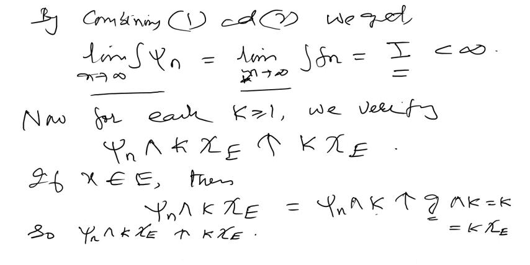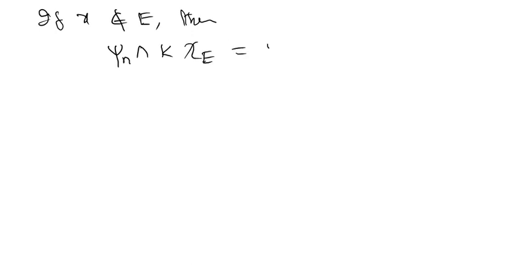And in the second case, if x is not in E, then psi n meet k times chi E is equal to psi n meet 0. But psi n is a non-negative function, and the meet of a non-negative function with 0 is equal to 0, which obviously increases to 0 because it's a zero sequence.